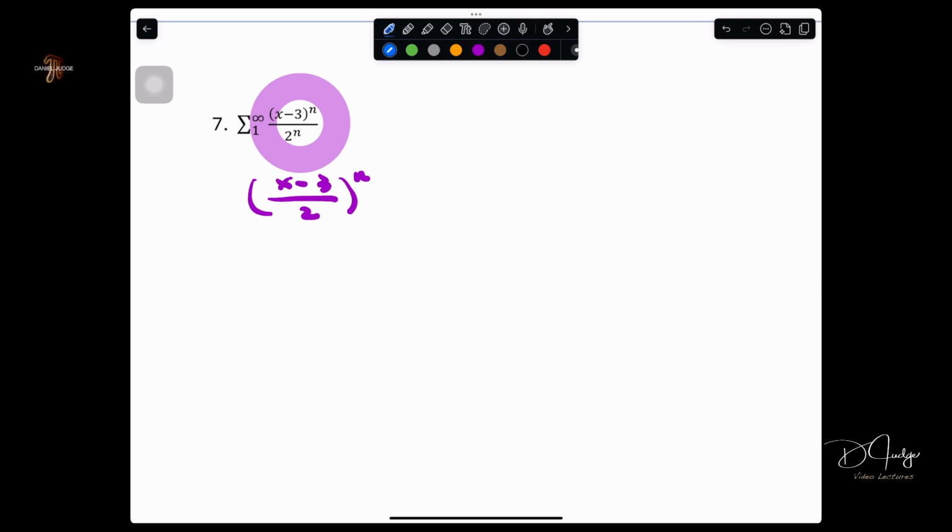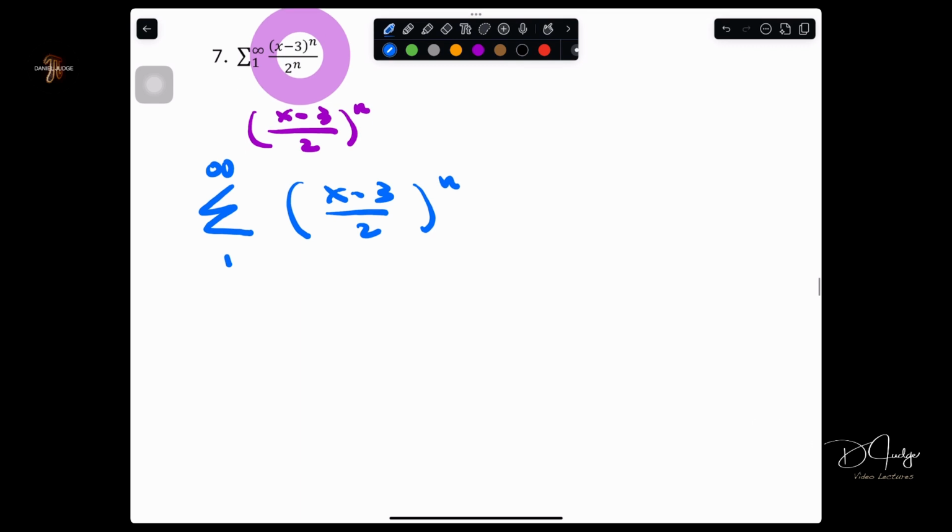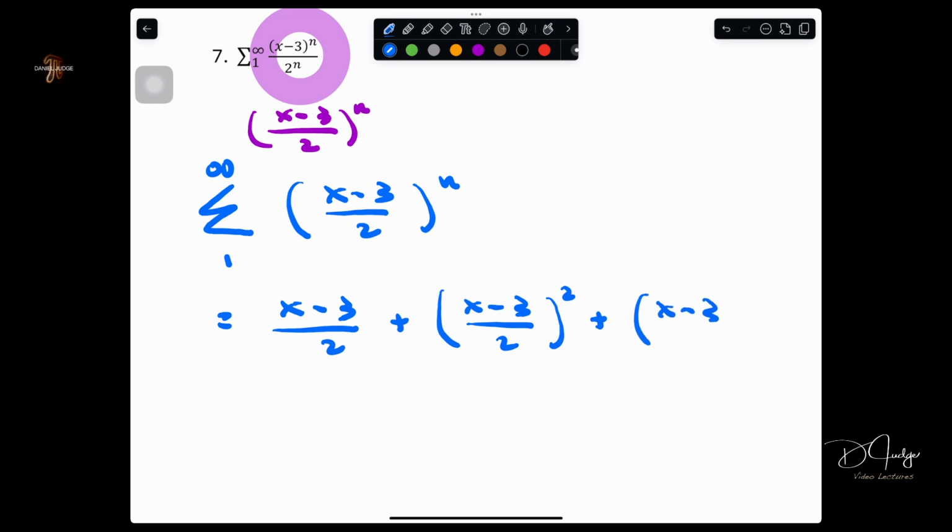So we're looking at the series here, from 1 to infinity. All right. Let's look at the terms. x minus 3 over 2, x minus 3 over 2 to the second power, third power, and that goes forever.